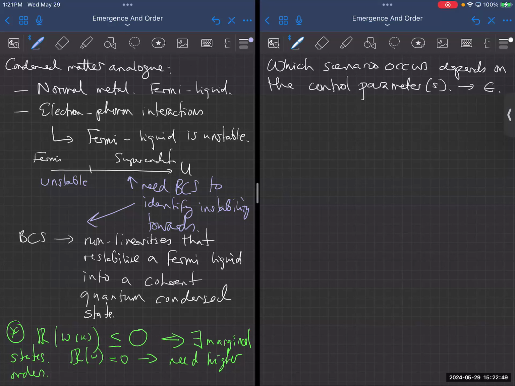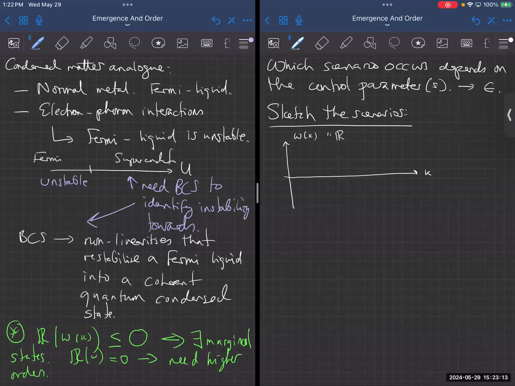So okay, now let's sketch these scenarios. In all of these, I'm going to be drawing omega of k versus k. But when I write down omega of k, I want you to understand that it's really the real part of it, just to save writing all that.